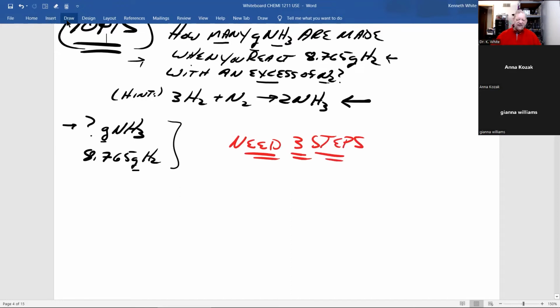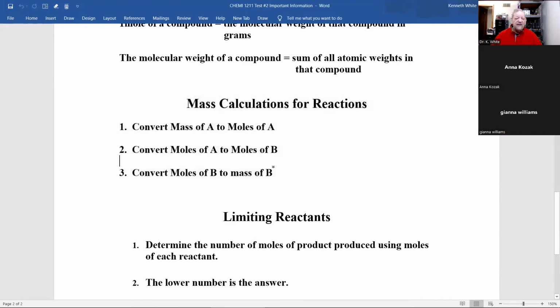And where do you find those three steps? You look at the important information in the back of your test number 1, for mass. Remember, mass is weight. Calculations for reactions, you need these three steps.